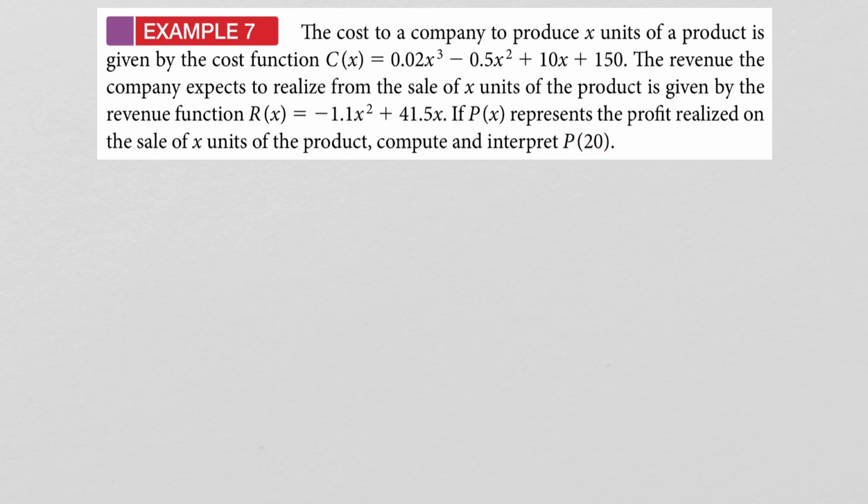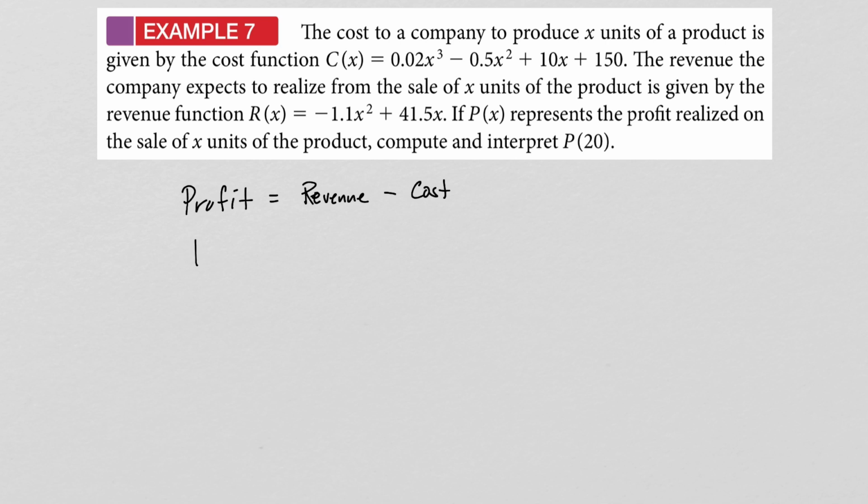Okay, so first of all, we need to know that profit is equal to revenue minus cost. So profit is the money that you bring in minus the cost that it costs you to produce the things that you're selling.